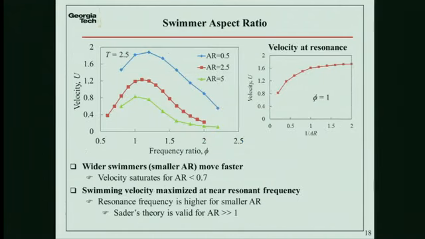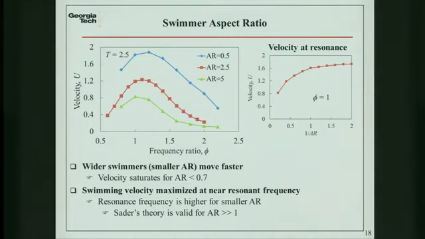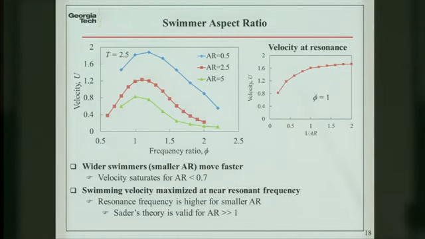Okay. One more thing about this passive swimmer, I want to show you what happens if we change the aspect ratio of the swimmer. It turns out that if you use a swimmer which is wider, then you have a faster velocity. That makes sense because fish usually have fins that are wider if it is a fast fish, right? So it does help to swim faster, and that's what we see here. But essentially, it saturates.